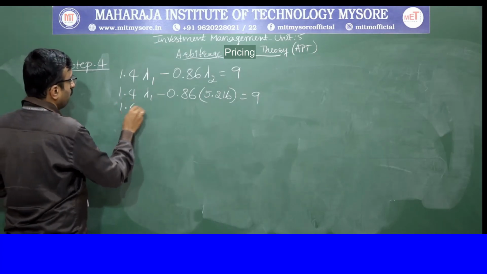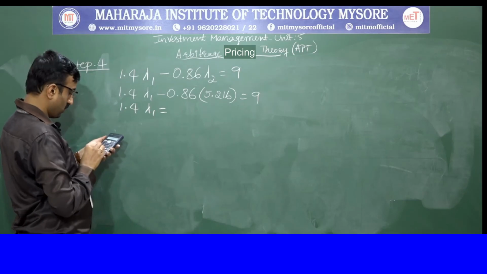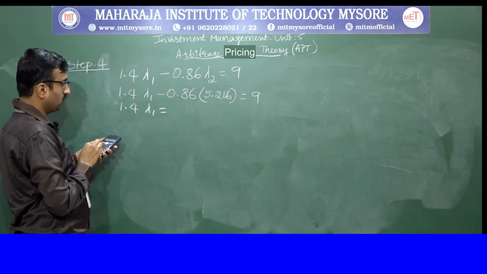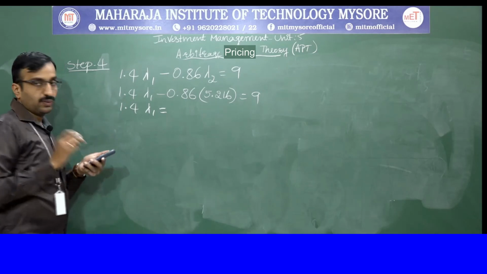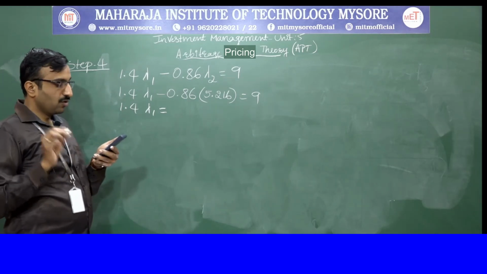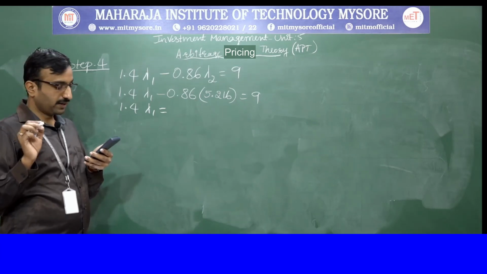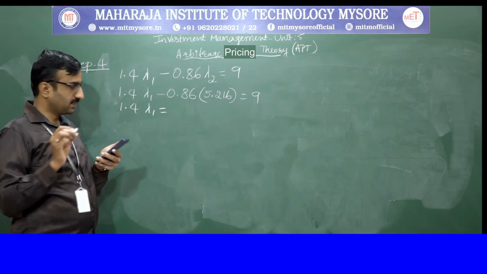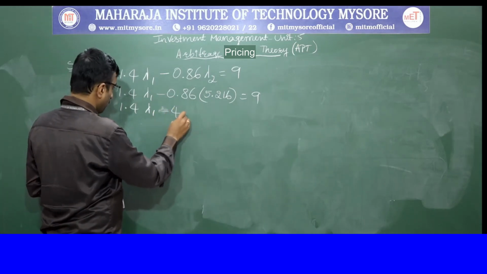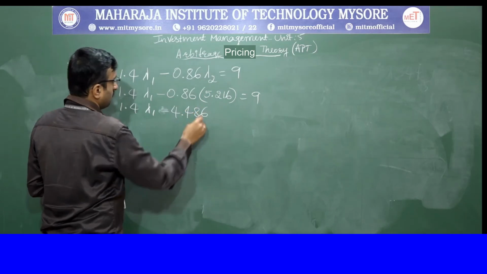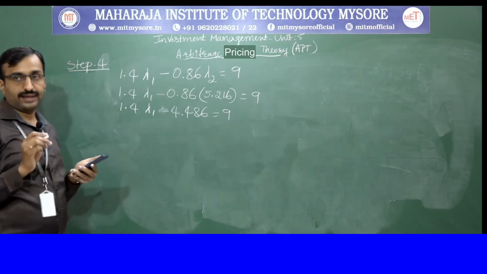So, 1.4 lambda 1 minus 0.86 into 5.216, if you do, you will get 4.48576, approximately you can take it 4.486, okay, minus 4.486, that is equal to 9.